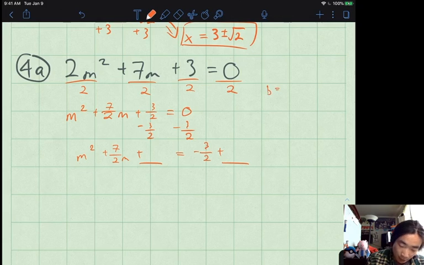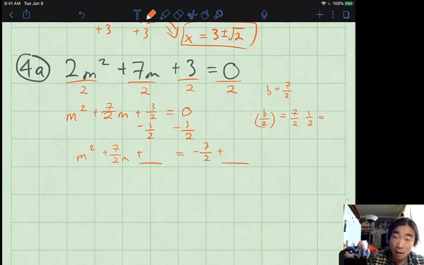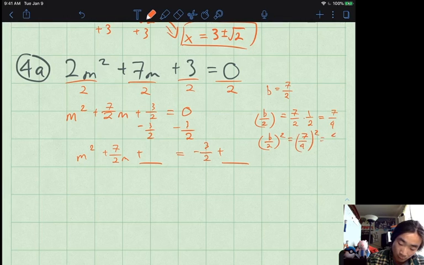Let's go through figuring out what's missing in order to make this a perfect square. Dividing by 2 is the same thing as multiplying by 1/2. 7 over 4 squared is 49 over 16. That's what we add in.